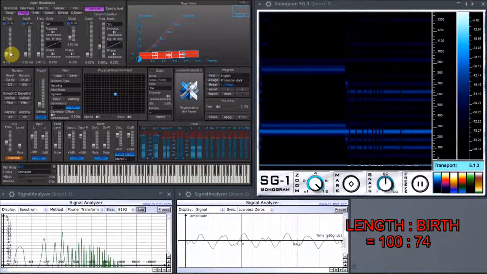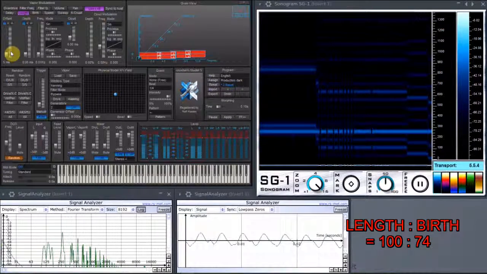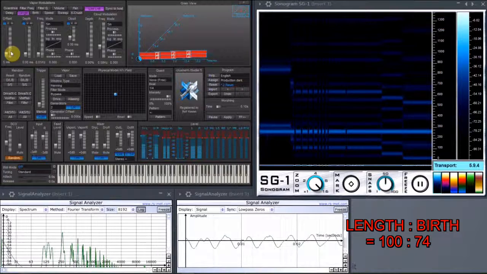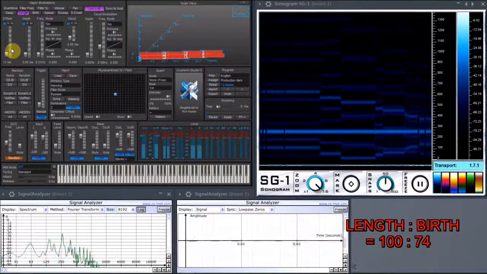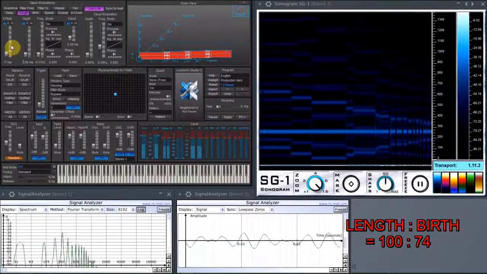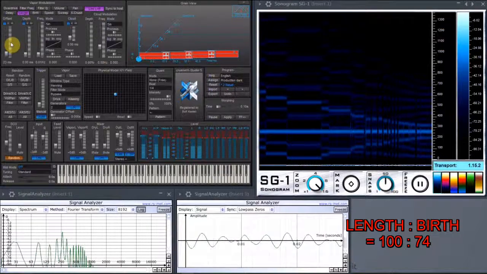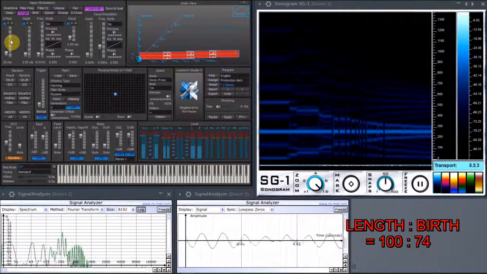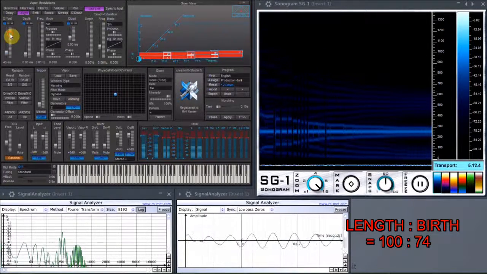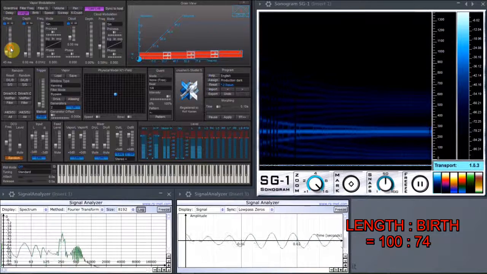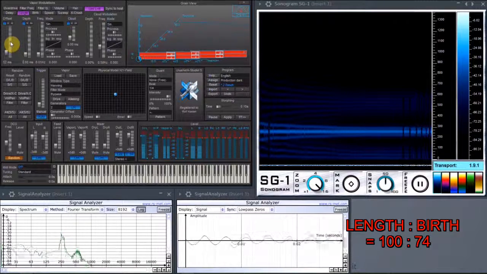Between 4 and 45 milliseconds we get drones and machine-like sounds and the perceived pitch decreases. Between 45 and 100 milliseconds the sound doesn't change much.